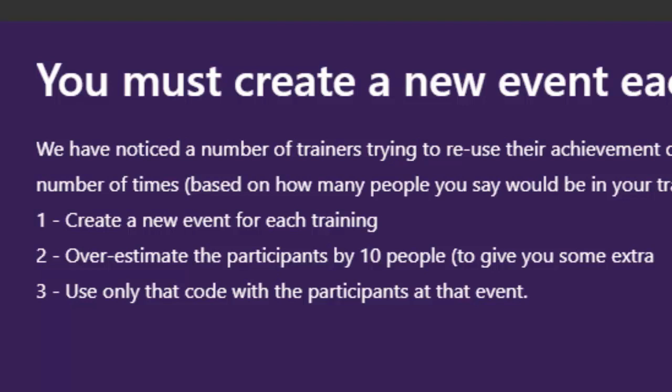This doesn't work because each code can only be redeemed a specific number of times based on how many people would be in a training. Create a new event for each training. This is the important point. Overestimate the participants by 10 people to give you some extra. Use only that code with the participants at the event.